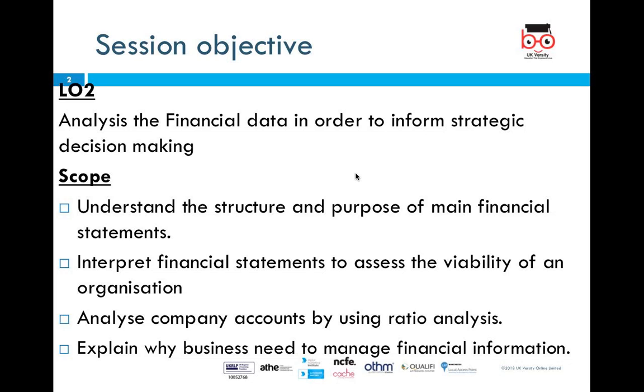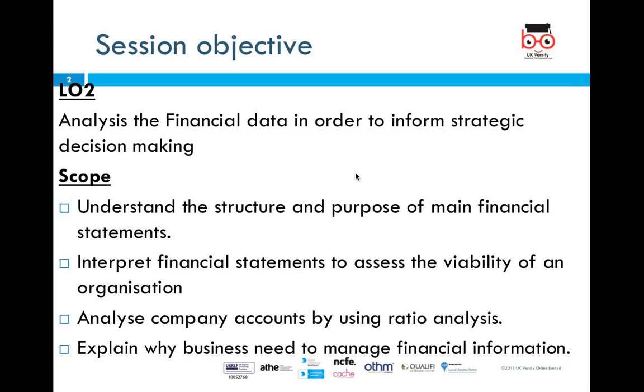And then I will show you some ratio analysis, because ratio analysis is the assessment of the viability of the organization, and some of the ratios are the most widely used and perhaps the most influential aspects of the organization.